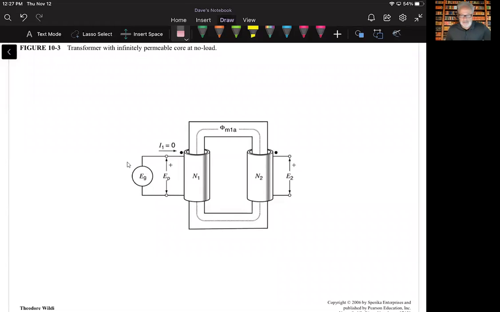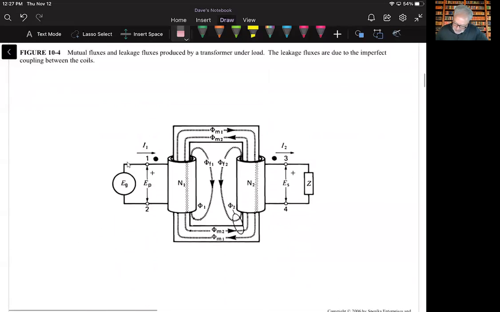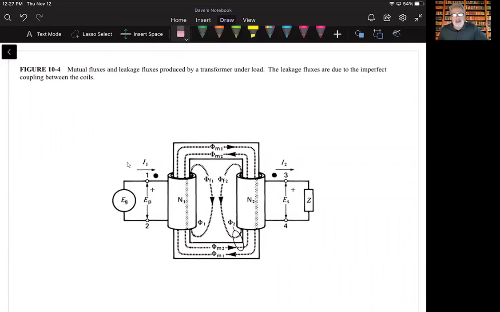Okay, so now we're going to go from this relatively simple, unloaded transformer, infinitely permeable core, at no load, and now we're going to connect a load to it. Oh my, got complicated, didn't it? Look at all that's going on with this.